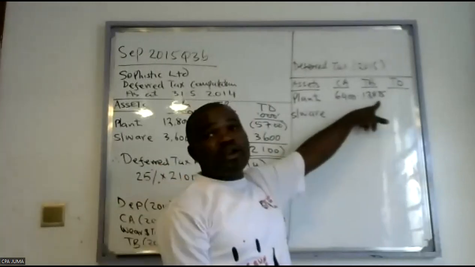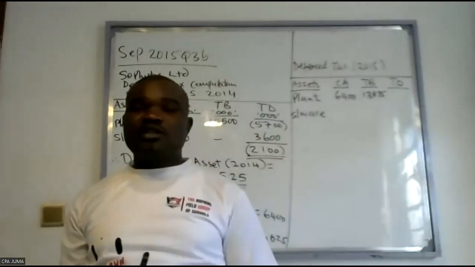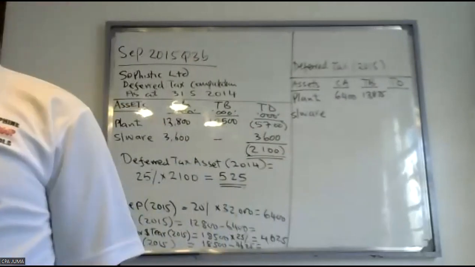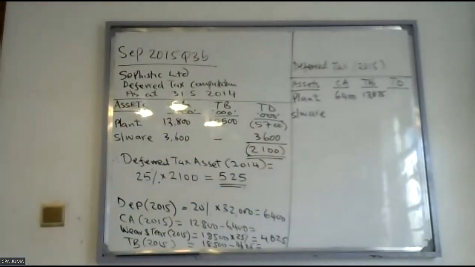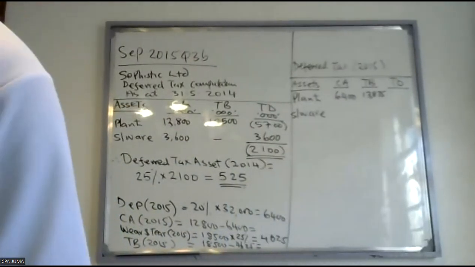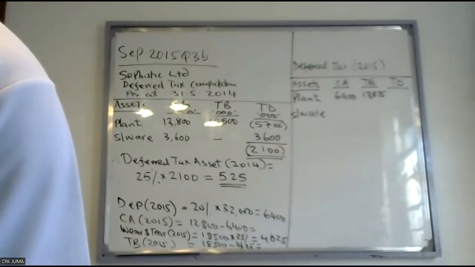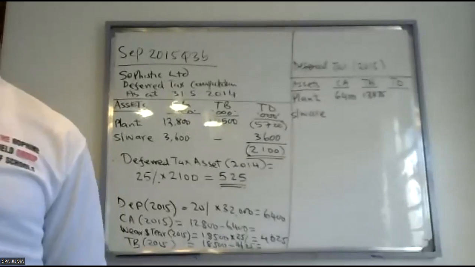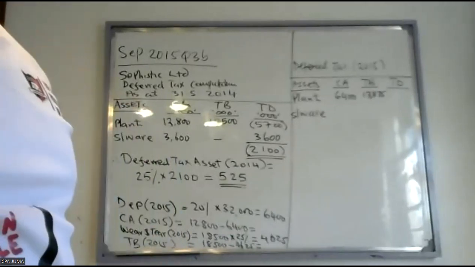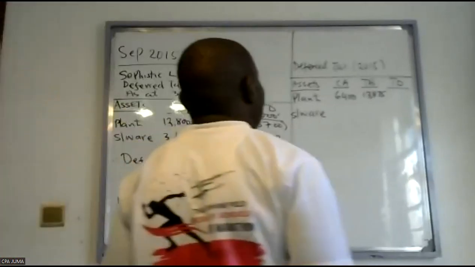So 6,400 minus 13,875, what will you get? 7,475.